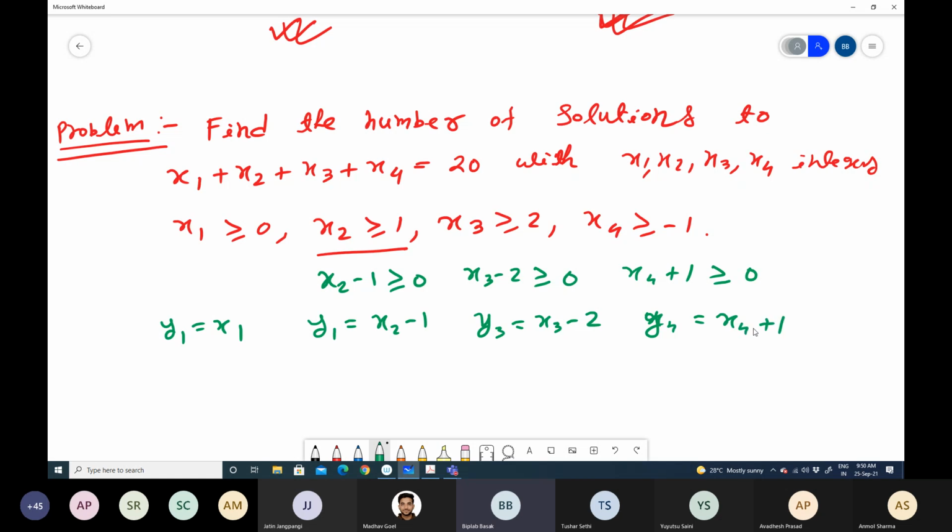So we just need to find the values of y1, y2, y3, y4, all greater than or equal to 0. If we put the values, it will be y1 plus (y2 plus 1) plus (y3 plus 2) plus (y4 minus 1) equal to 20.